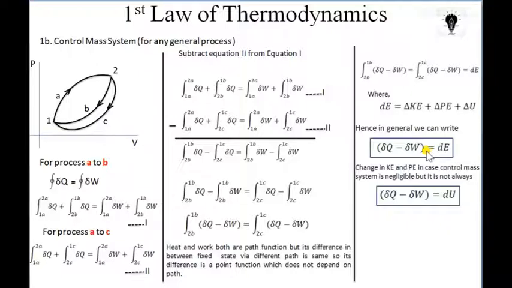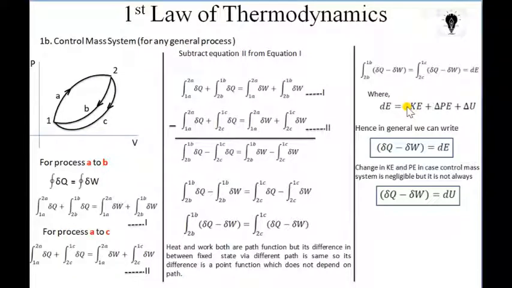Now if we talk about the control mass system, then inside the total energy, the change in kinetic energy, change in potential energy and internal energy is present. In case of the control mass system, during the transformation, the change in kinetic energy and change in potential energy is negligible.